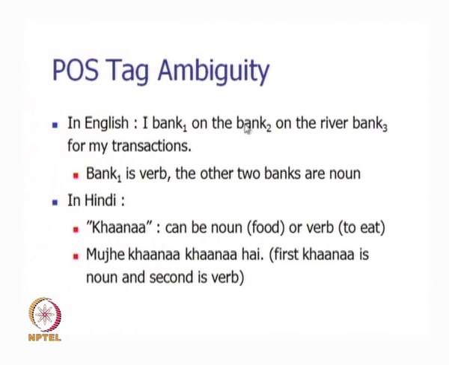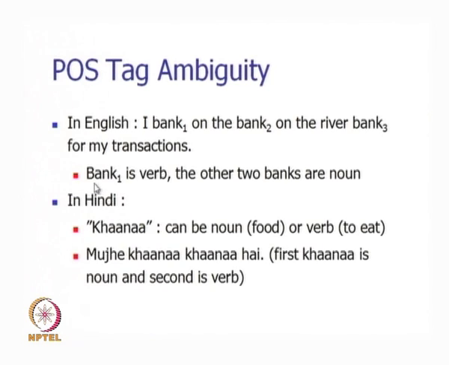The first bank is the place where financial transactions take place. The second bank is the embankment, the landscape by the side of the river. So, this disambiguation is known as word sense disambiguation. It is possible to have the same part of speech for a word, but the senses can be different. So, the first bank is a verb, other two banks are nouns.